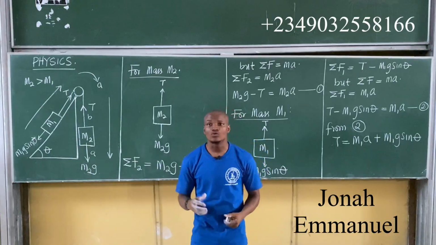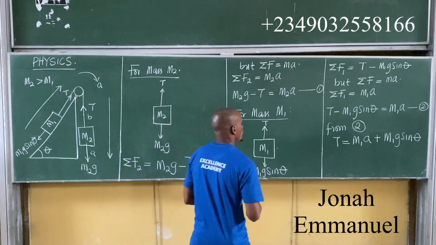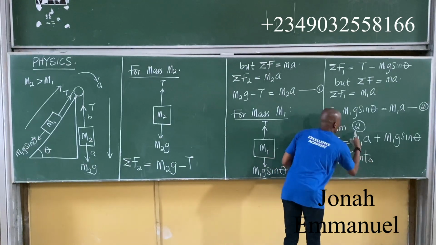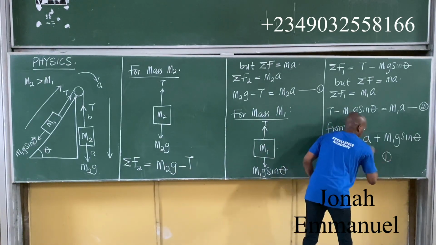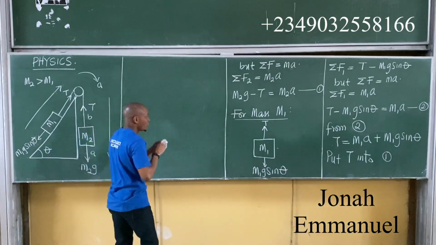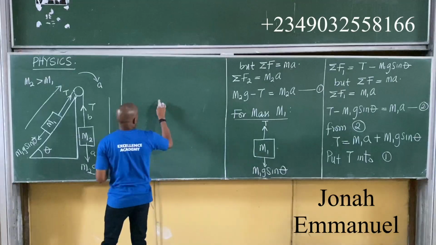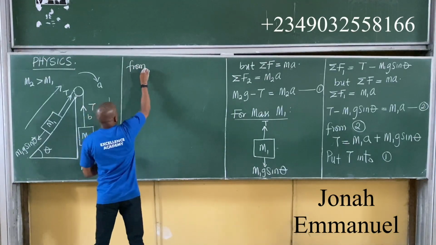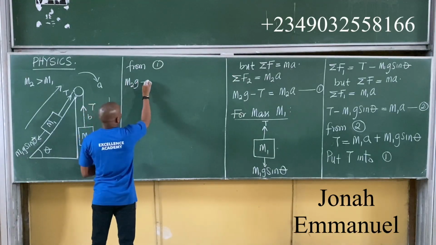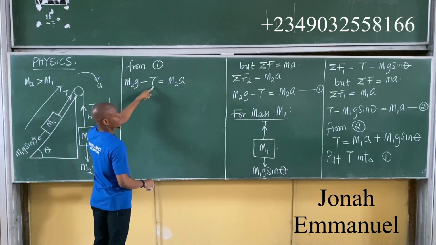Must I always use equation 2? Whether 1 or 2, use any one; at the end we'll have the same answer. You now put this value of T into the other equation, into equation 1. From equation 1, I had M2g minus T equal to M2a. Put the value of T here.